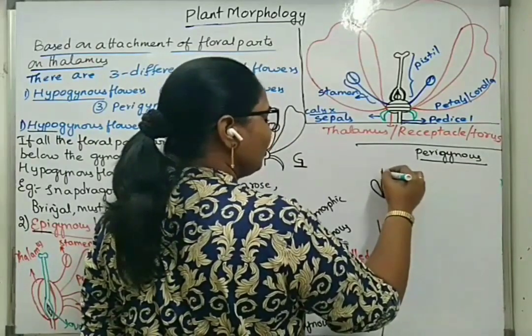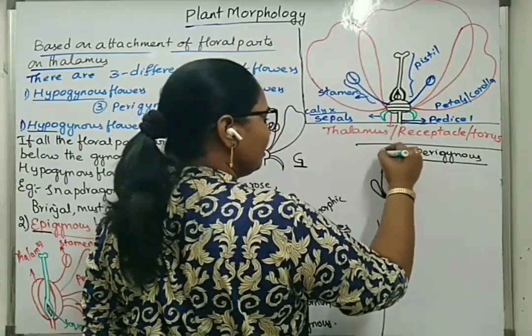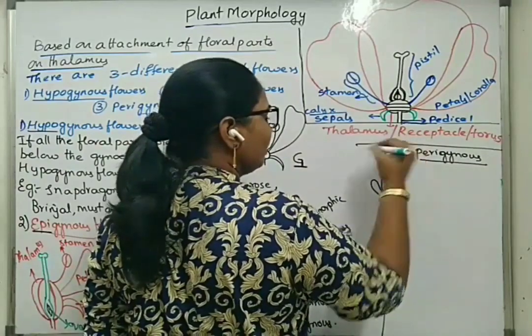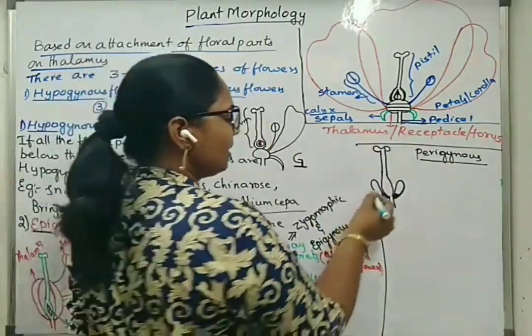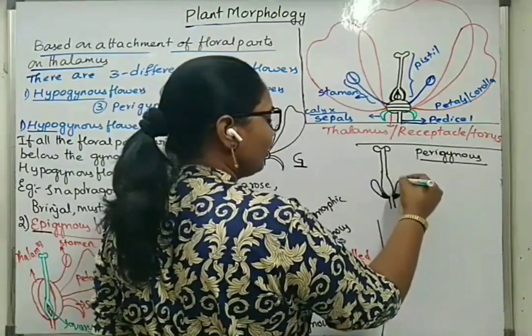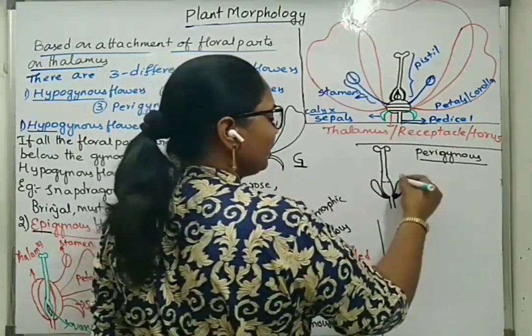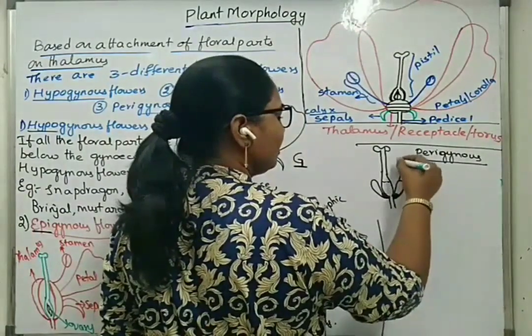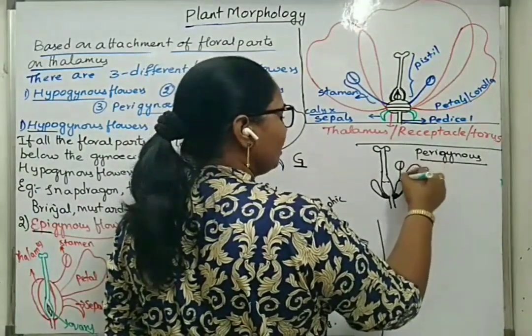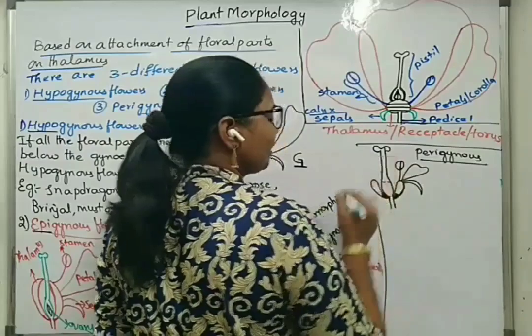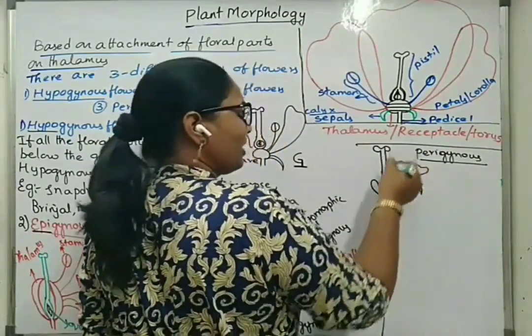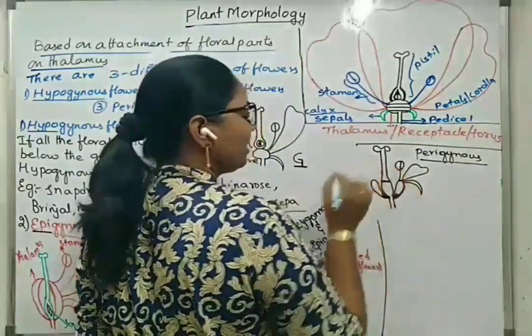Gynoecium will be, ovary part of the gynoecium will be little bit larger, like this. Gynoecium will be like this, and this will be the thalamus. Now floral parts, if we consider this one as half part of the gynoecium, then we can write here stamen, sepals and petals. This is not at the bottom, not at the top region, at half part on either side of gynoecium.